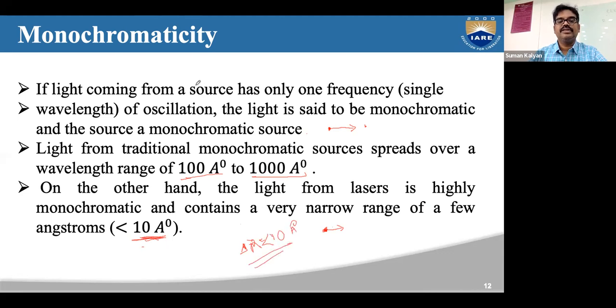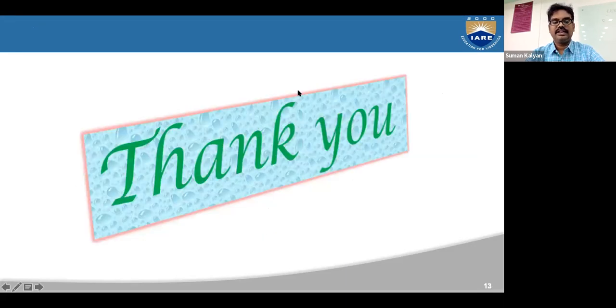That's why we say the laser beam produced is monochromatic light, not the laser itself, because the laser is a source that generates light, not the light itself. So these are the characteristics of the laser. Are there any doubts?